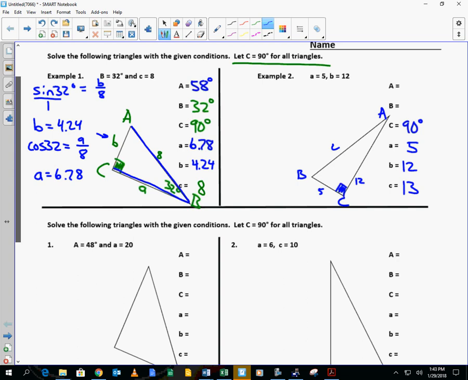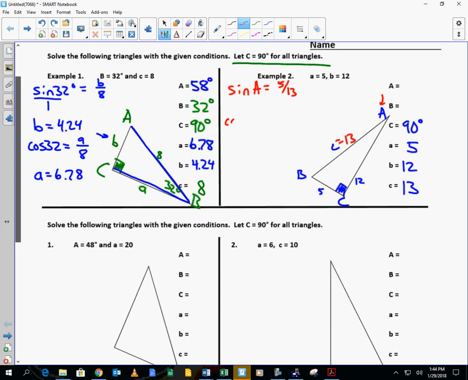Will, would you like to find angle A or B? Okay. Will wants to find angle A. So, we're going to use Will's advice, and we're going to write sine of angle A is, what would sine of angle A be equal to? 5 over 13, yep.